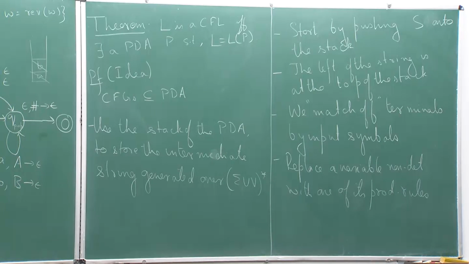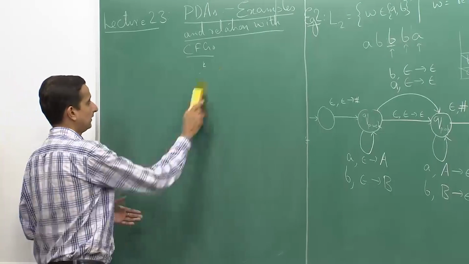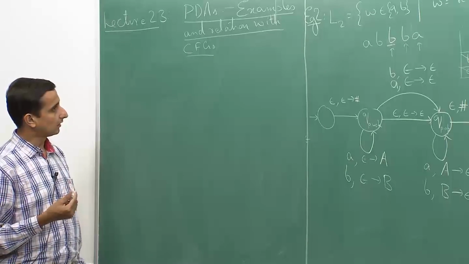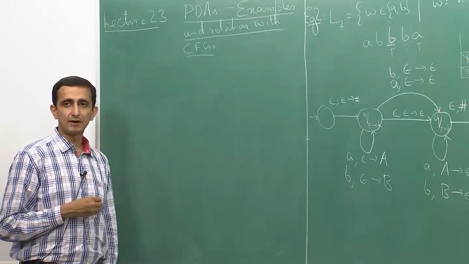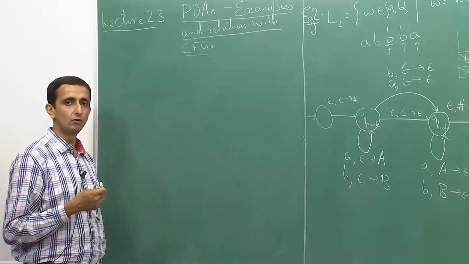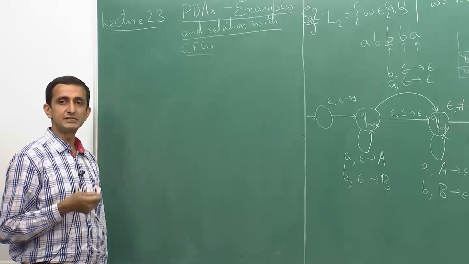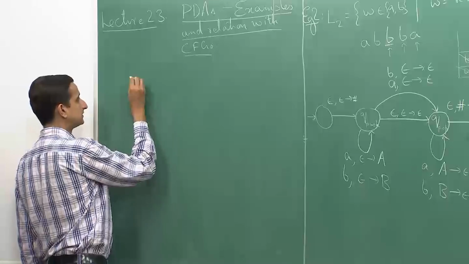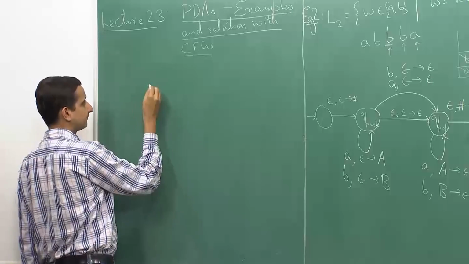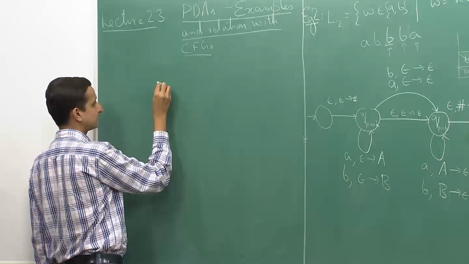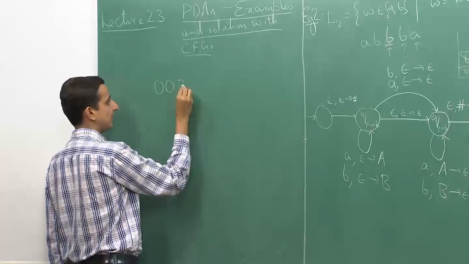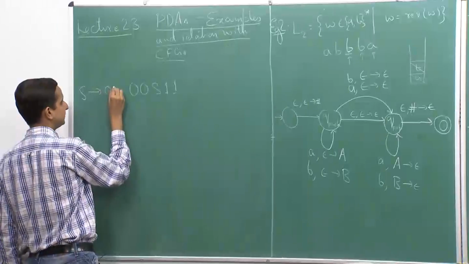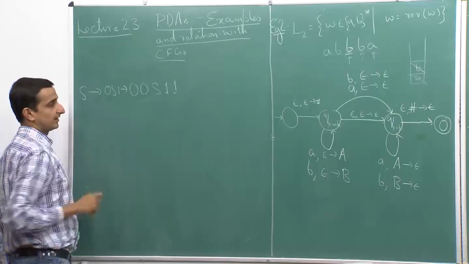To motivate this, let us look at a quick example. I am not going to give the entire example, just a part of it. Suppose we are looking at the grammar for 0 to the power n, 1 to the power n. We have the rule S goes to 0 S 1 and S goes to epsilon. Suppose I have generated at some point a string of the form 0 0 S 1 1. From S I first generate 0 S 1, then I generate this.